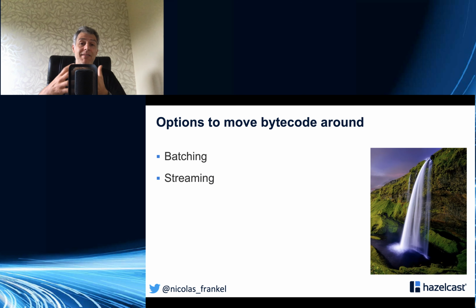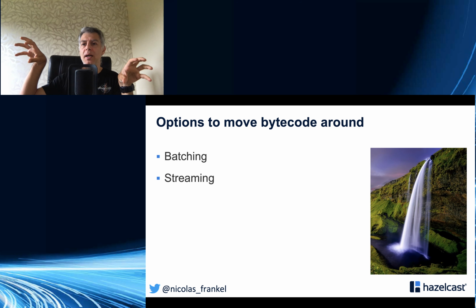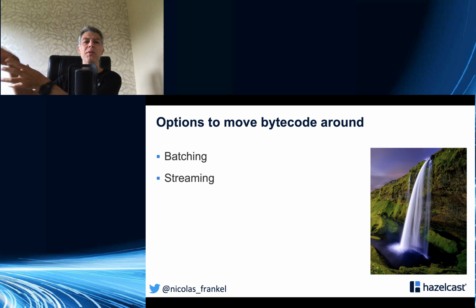Now, there is one final question. We know how, when you have a running JVM, to attach to it and to have this new code, but how do you move the bytecode, this new code, around? There are basically two options. The first one is batching.